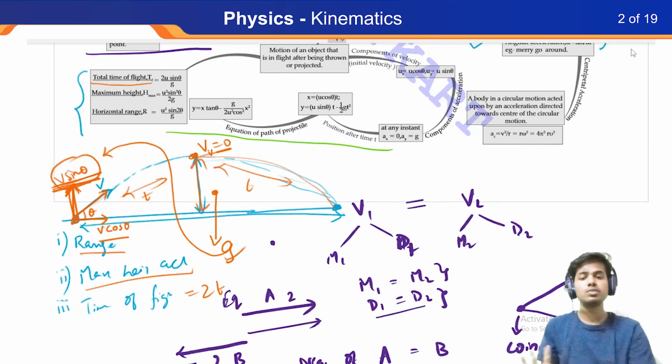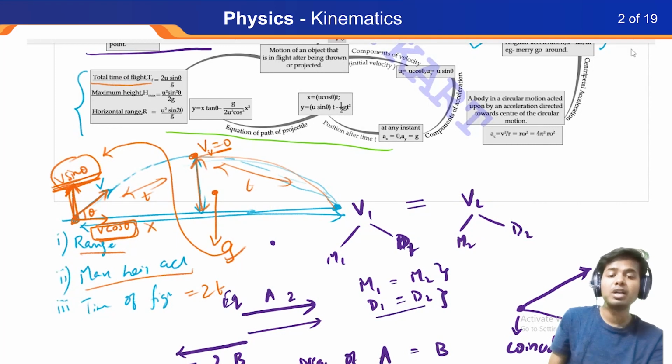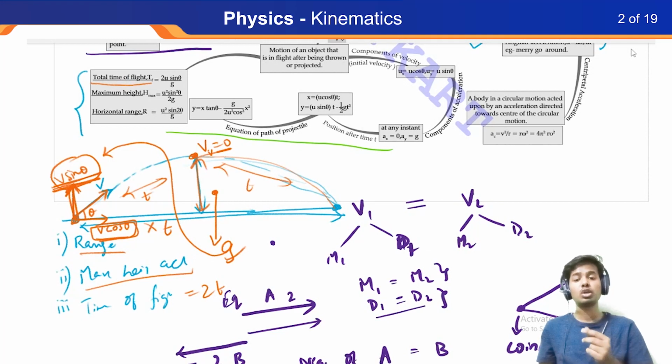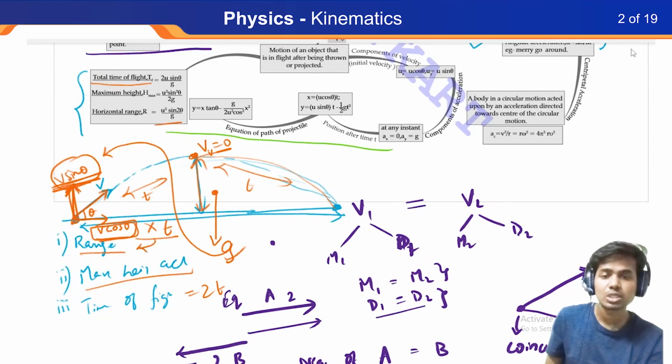And the range is very easy, because you have the horizontal component of the velocity, which is an independent motion, a uniform motion in the horizontal direction. So you just need to multiply the horizontal velocity by the time of flight, the amount of time it was in the air. That will give you the range, which is this one.